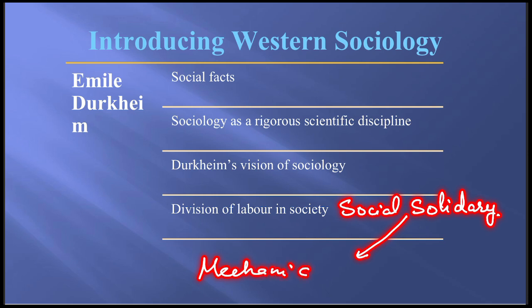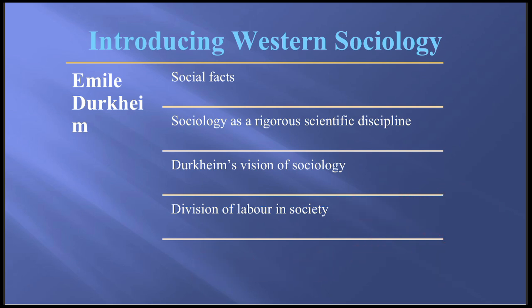Now, mechanical solidarity exists in societies with small populations and is founded on similarity of its individual members. So, this society has a collection of different self sufficient groups where each person within a particular group is engaged in similar activities or functions.